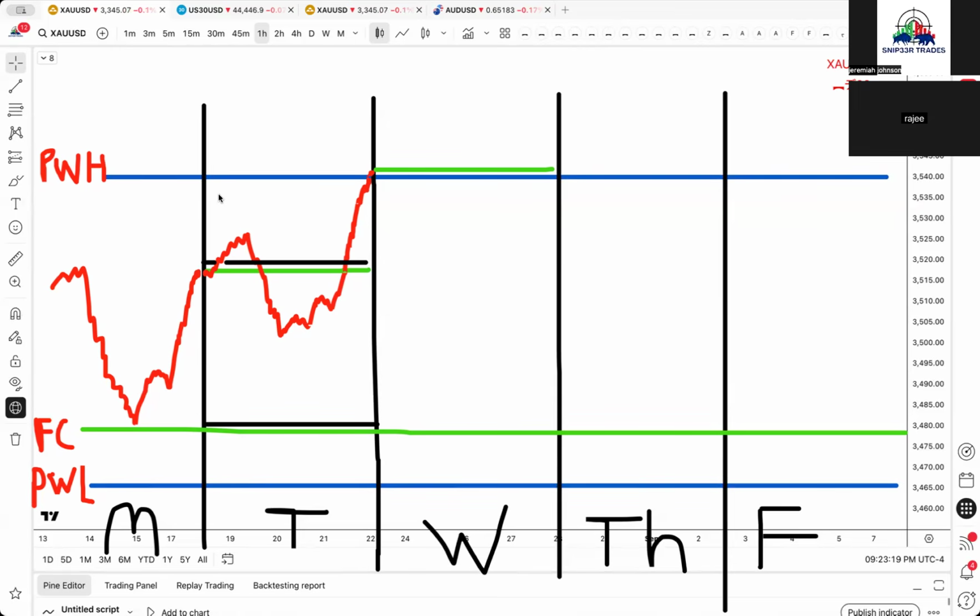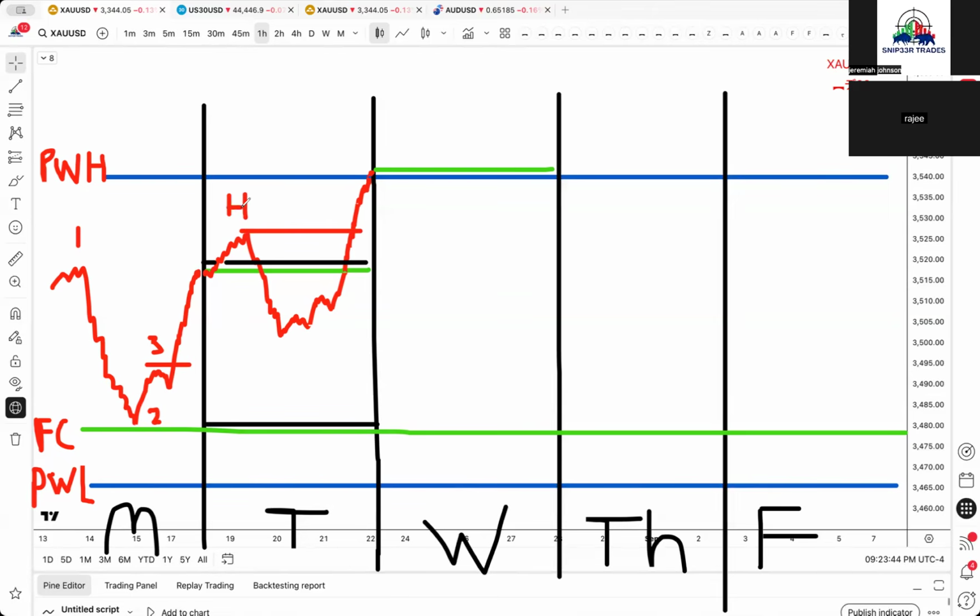So just to rewind, on Monday, I'm looking for a three session setup. So I'm just paying attention to Monday. It can be a one, two, higher highs, three, or a dump and pump. Tuesday, I will look for a trend trade or a range expansion. So we get higher highs here.